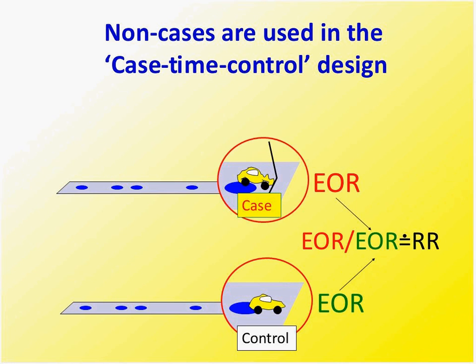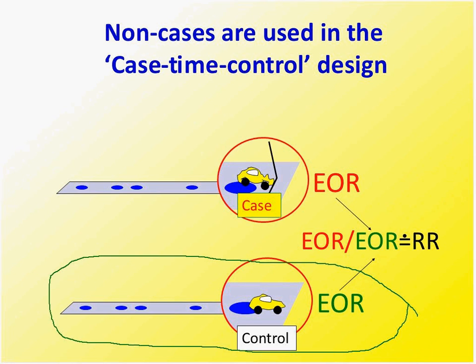Just a short tangent to say that design that we'll come back to, this is Sammy Suisse's contribution. You can use non-cases as controls in the usual type of case control analysis, and then do a crossover analysis within the controls to control for trend analysis.